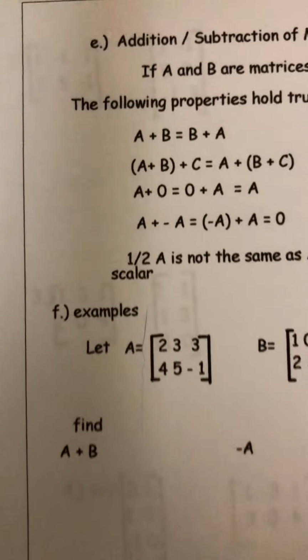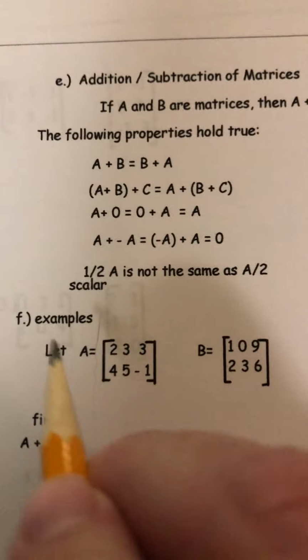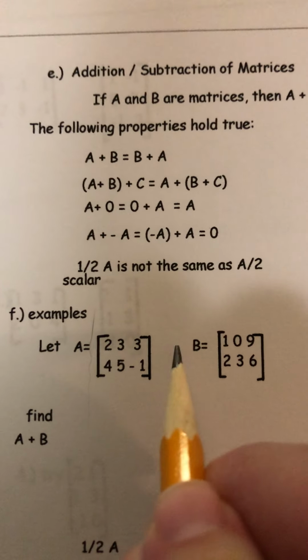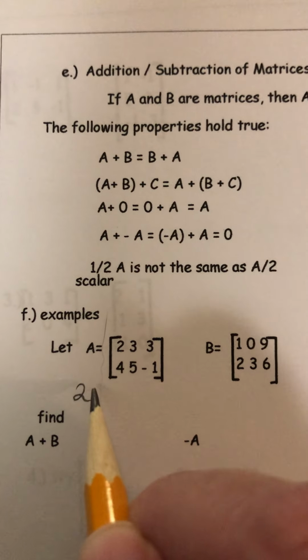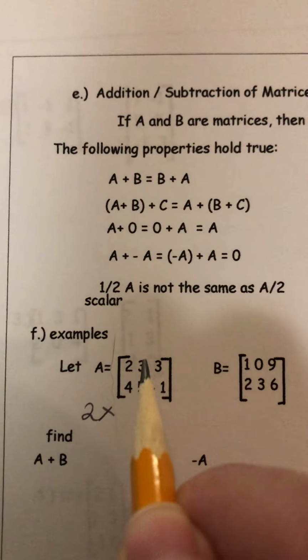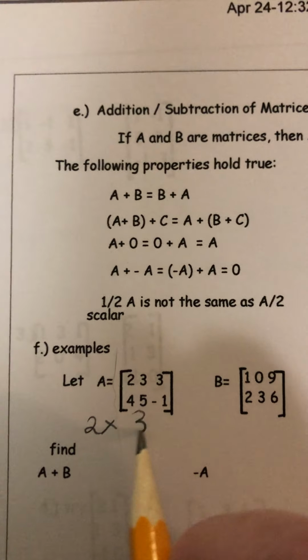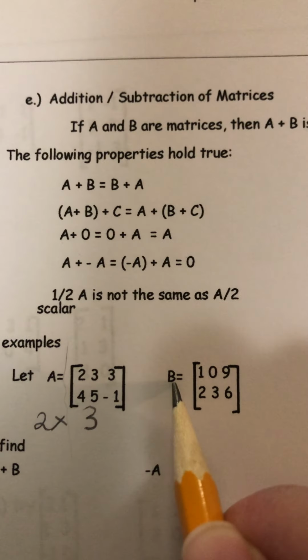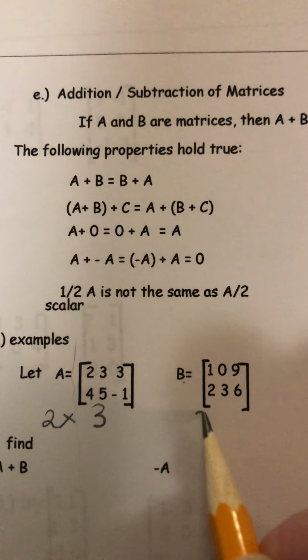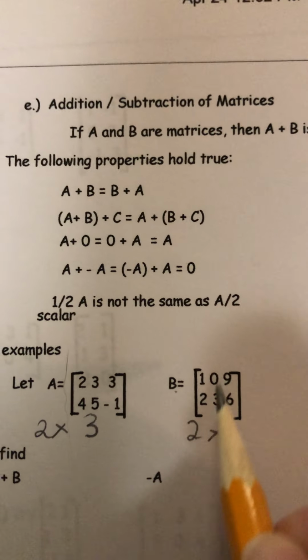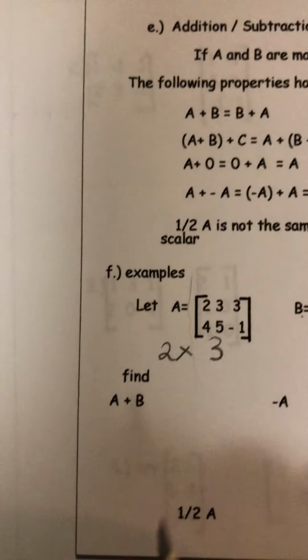So some examples I put together here. As you can see, this is matrix A, which has 2 rows. So this is a 2, and it has how many columns? I see 3. Likewise, matrix B, I see 2 rows, and how many columns? I see 3. So they both have the same dimension. I can go ahead and proceed and add.